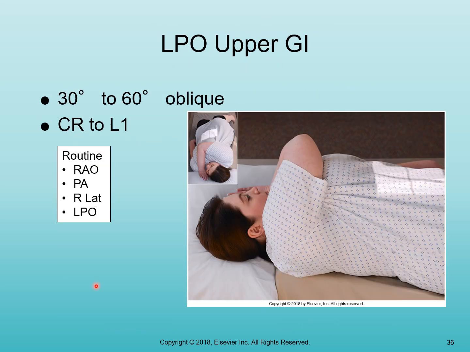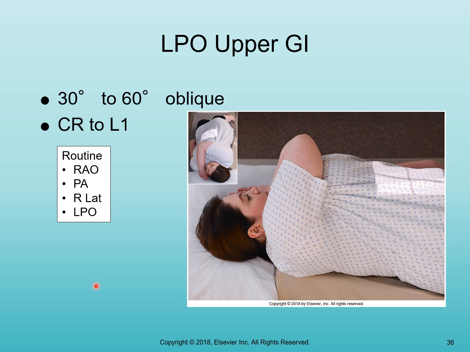After the AP supine, we do an LPO, and that is actually back on page 497. You're still at 40 inches, still on a 14 by 17 portrait, and I will add on the AP, the collimation is open to 14 by 17.